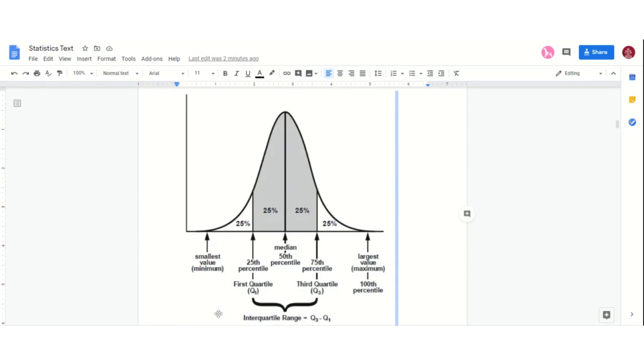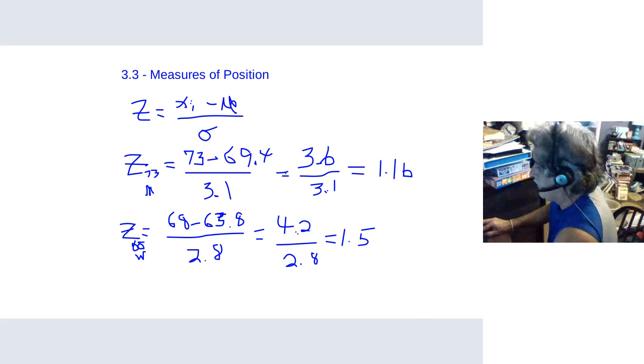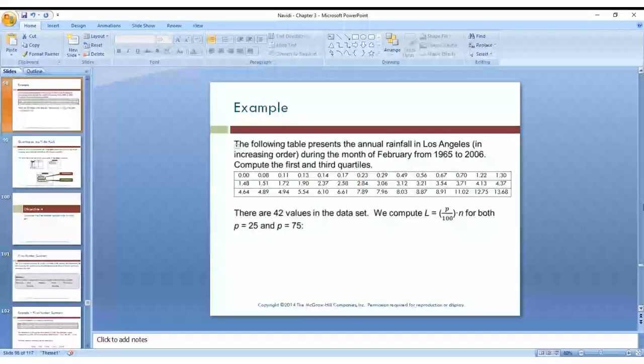All right, so to find the quartiles, this is what you do. We're going to look at some data here. Let's go back over here and rebroadcast back to the PowerPoints. This is a pretty large data set, 45 pieces of data.